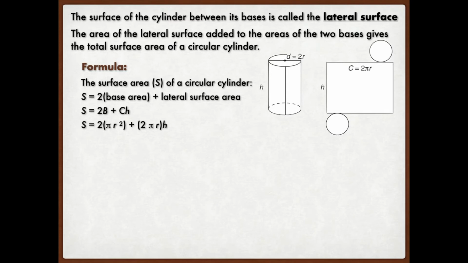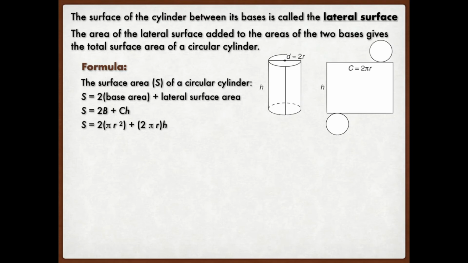So the formula of the surface area of a cylinder is going to be, so S is surface area, is going to be 2 times the base, because there's 2 bases, plus the lateral surface. So 2 bases, and remember, for base we can't do width times length. We have to do pi times radius squared.